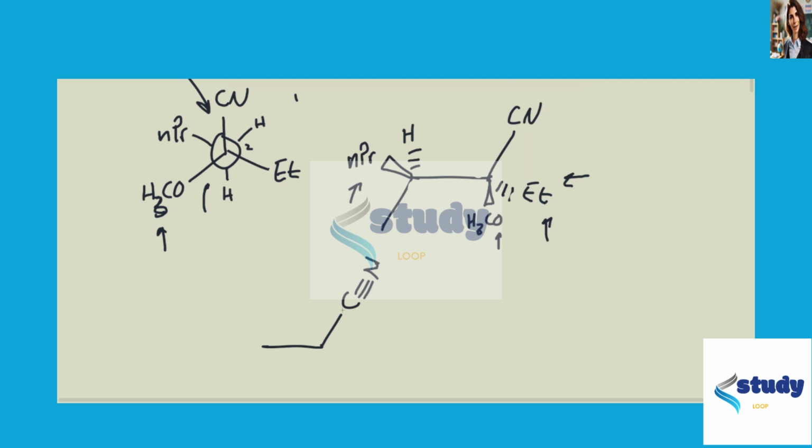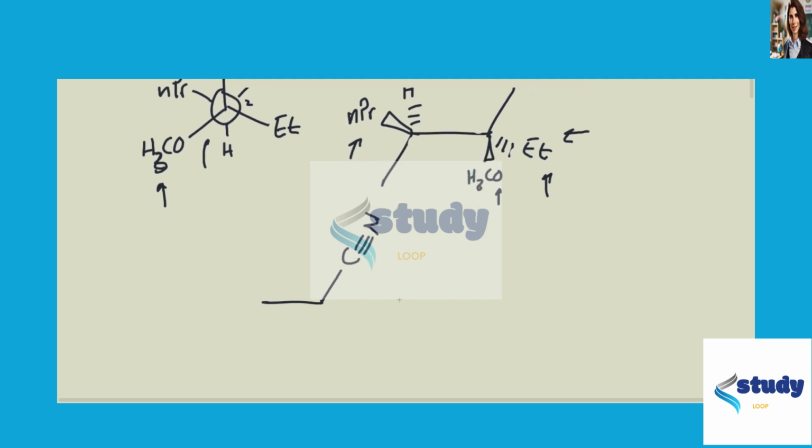Okay, then we've got a wedge to an oxygen that has a methyl sticking off. And we've got a dash to an ethyl group as follows.